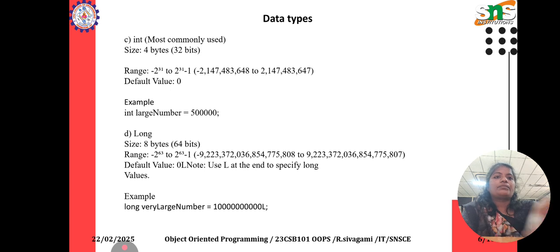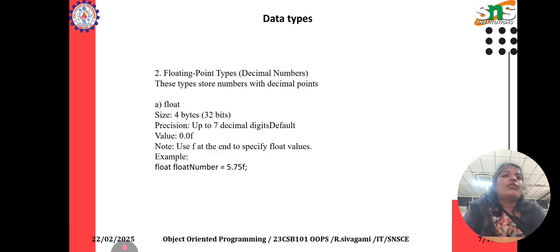For floating point, float and double are used for decimal values. Here also I give the ranges for the float values. As I already said, if we declare our variable as float, we must put f at the end of the value.